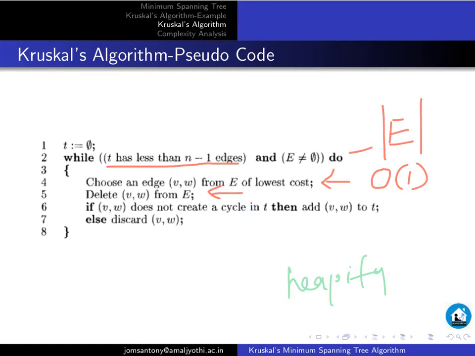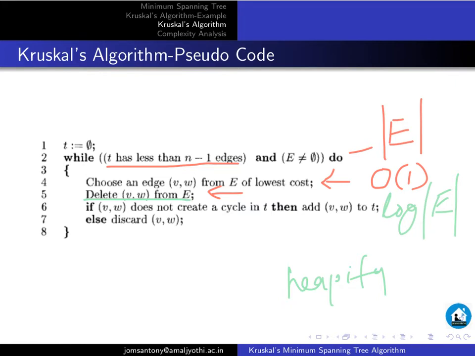So deleting VW from edge set E is actually referring to the heapify operation.